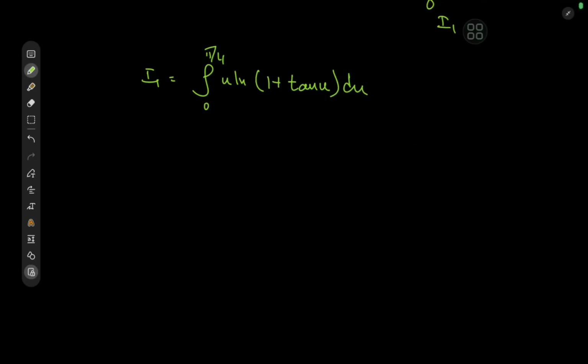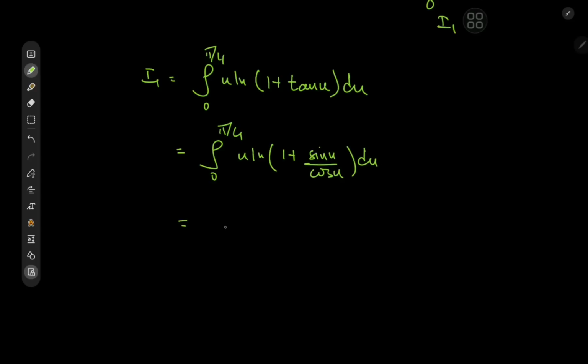And to evaluate this bad boy, we're going to expand the tangent function here so that we have integral 0 to pi by 4 u times log 1 plus sine u divided by cosine u du. On simplification, we have integral 0 to pi by 4 u times log cosine u plus sine u. And you know what? Using the properties of the logarithm, we can write this as a difference of logarithms.